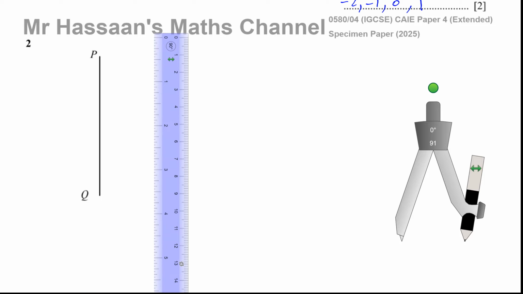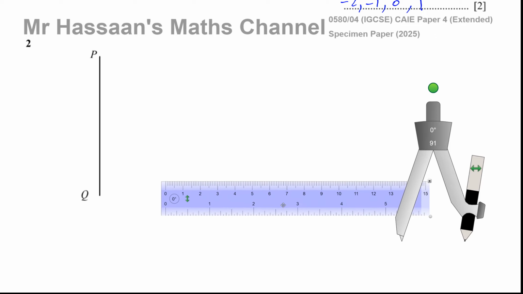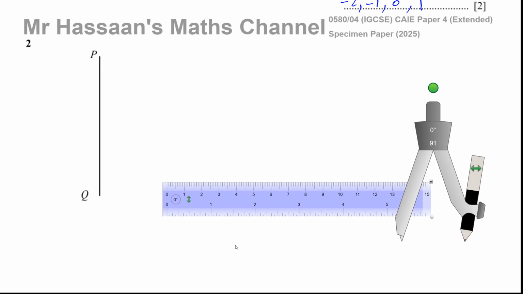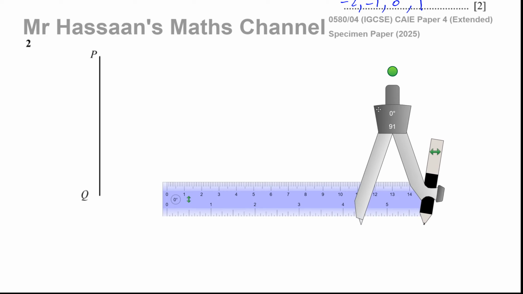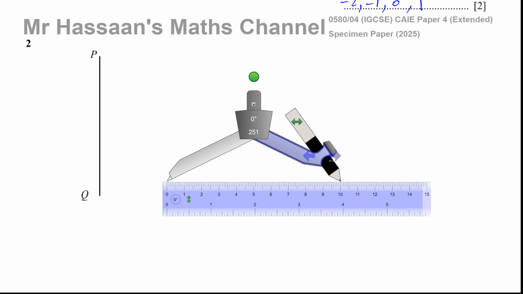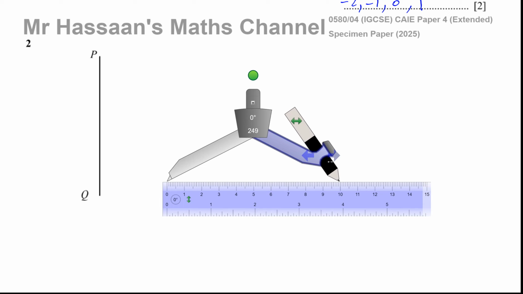Now I'm going to draw the other two lines. It says QR is 10 centimeters, so the distance between Q and R is 10 centimeters. So I'm going to take my compass and open it up to 10 centimeters. Yeah, it'll fit just about.